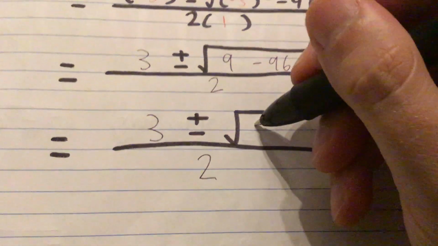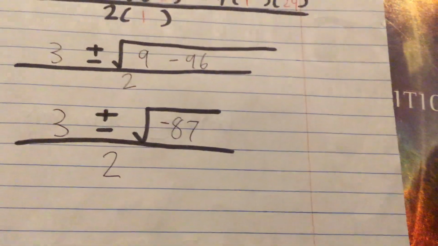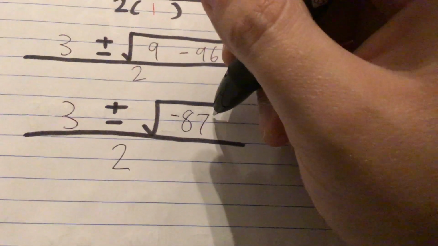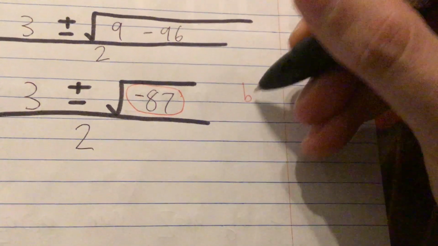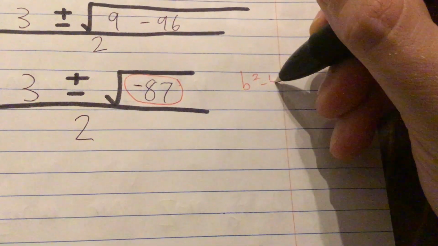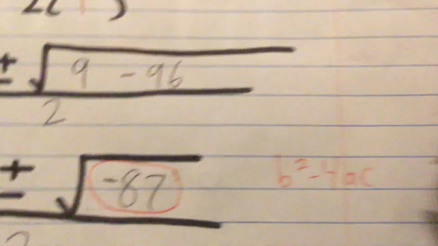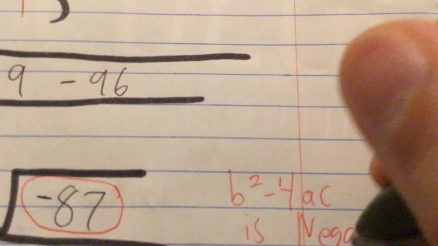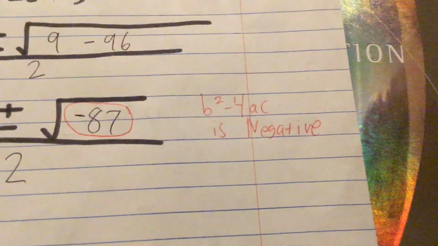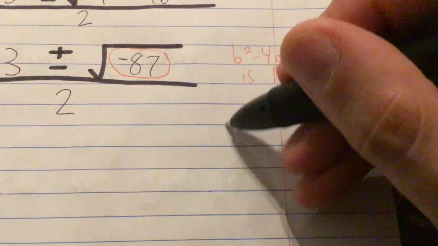Okay, so tell me about this discriminant one more time. Well, kind of like problem number 6, I had an issue factoring this. Specifically, the b squared minus 4ac is negative. So what does that mean? I can't take the square root of a negative number. It's impossible.